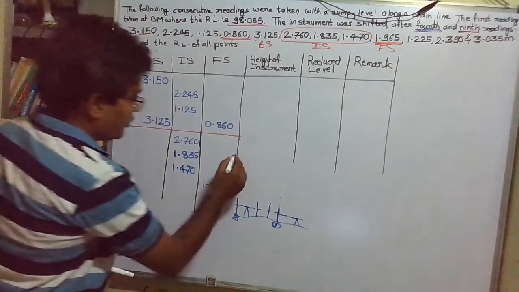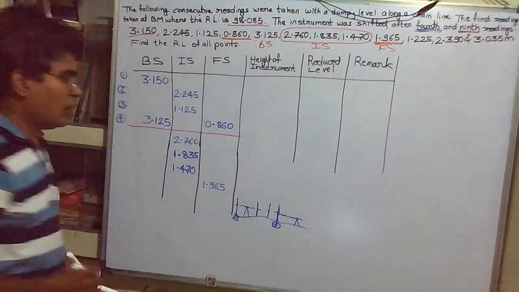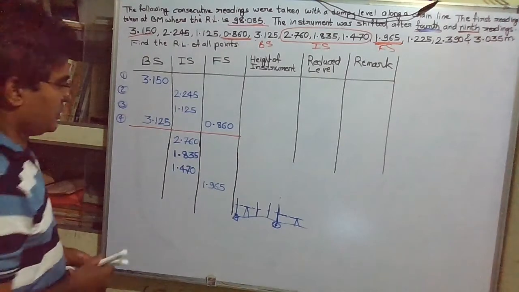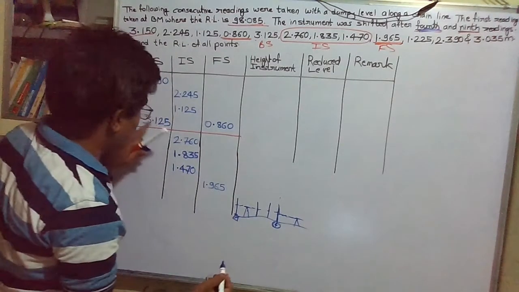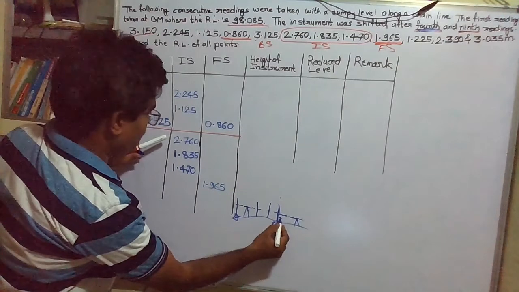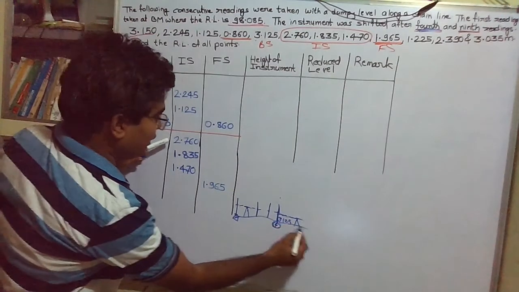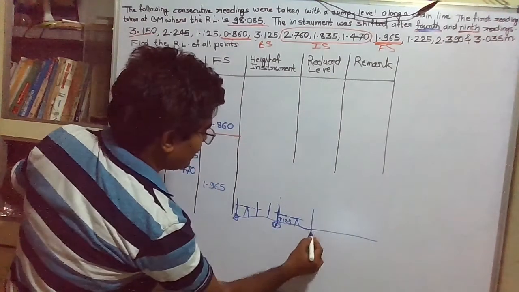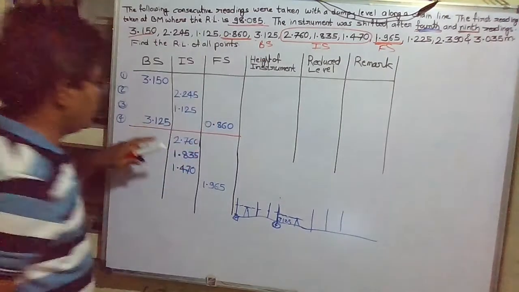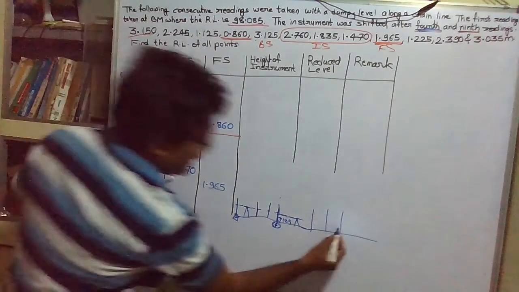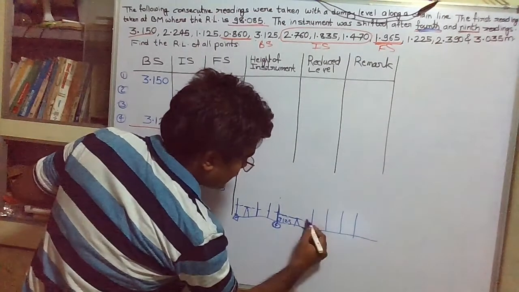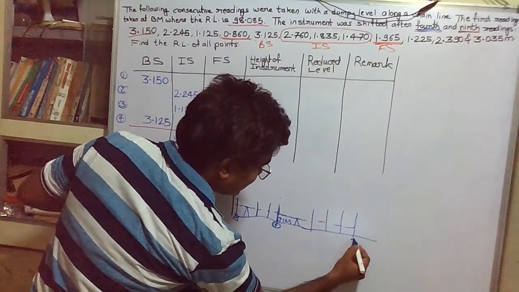Now again after this, see here, this is the first reading, that is 3.125 taken here, and after this again three intermediate side readings are taken, and then this is the ninth reading.